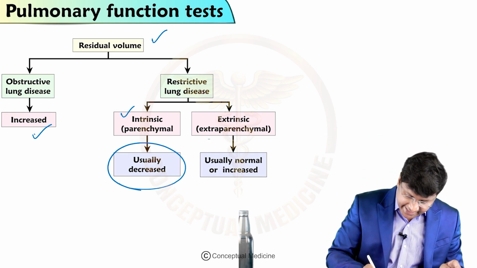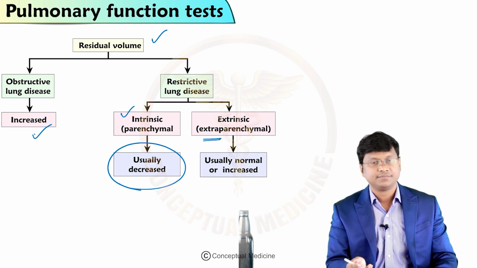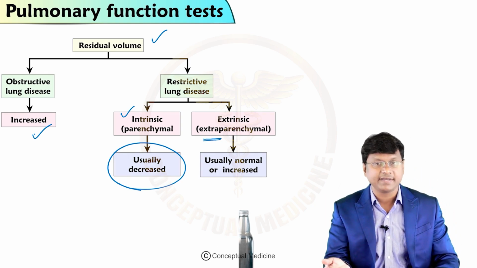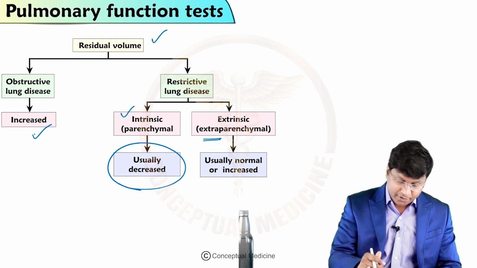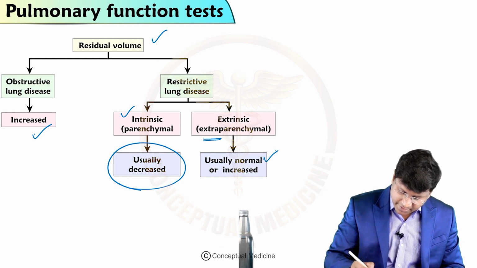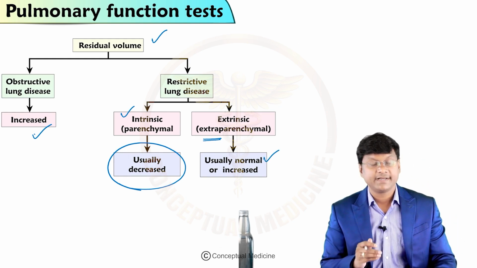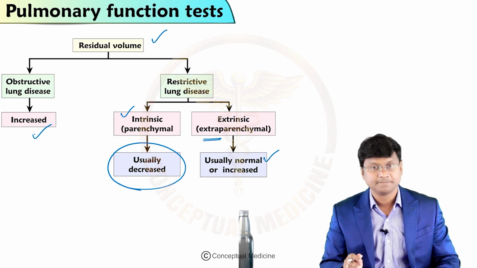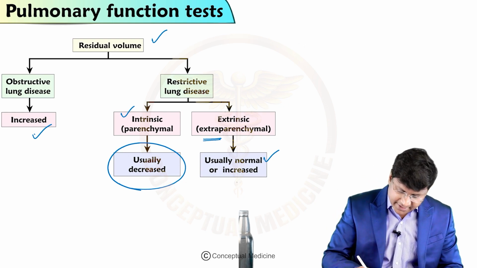Whereas in extraparenchymal type of restrictive lung diseases, the residual volume remains normal, or it might be increased.